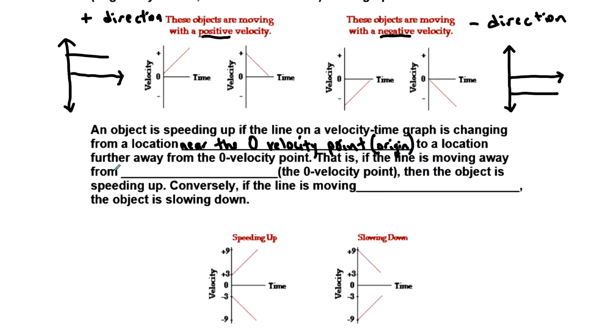That is, if the line is moving away from the x-axis, then the object is speeding up, right? So that makes sense.